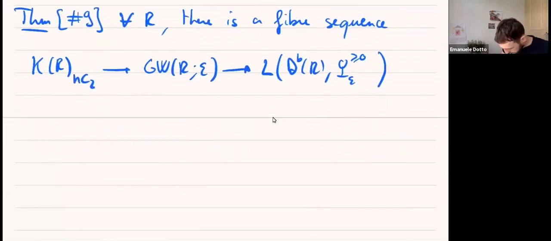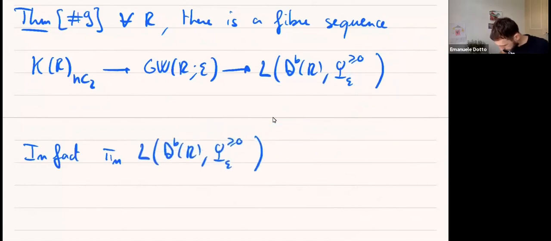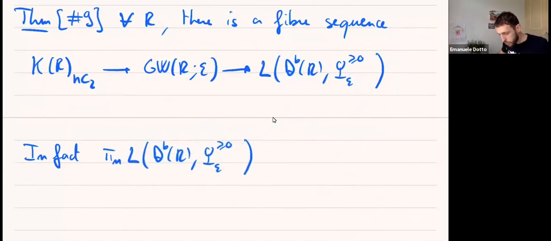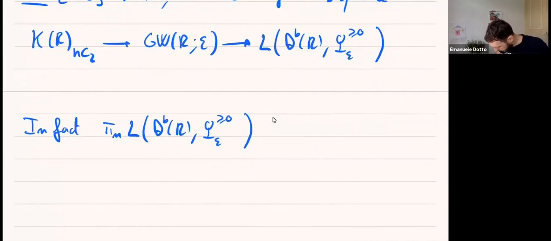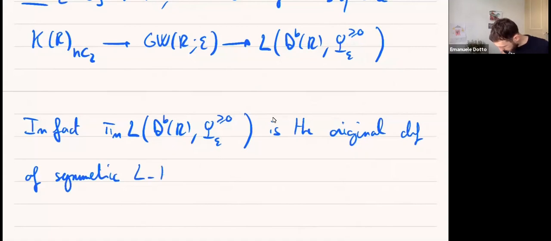So in fact, pi n of this spectrum here was already considered by Ranicki and is the original definition of symmetric L-theory given by Ranicki.